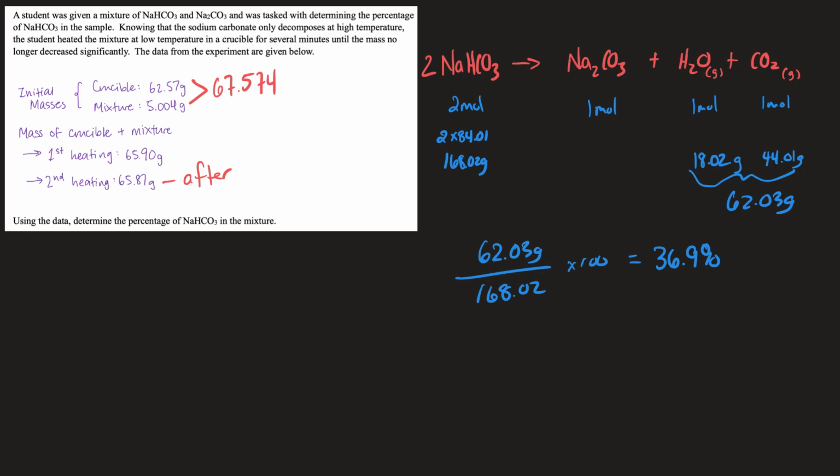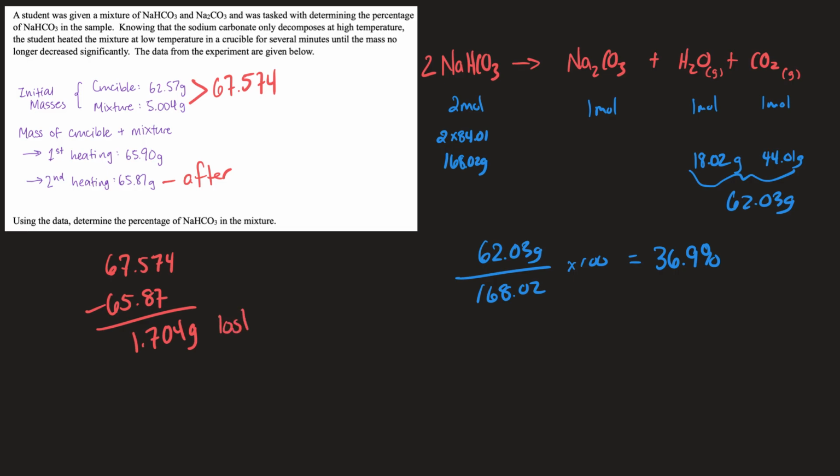So the difference in those two numbers, 67.574 and 65.87, is going to give us the mass that was lost in this reaction. So the mass that was lost was 1.704 grams.